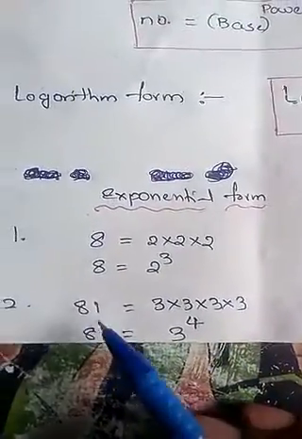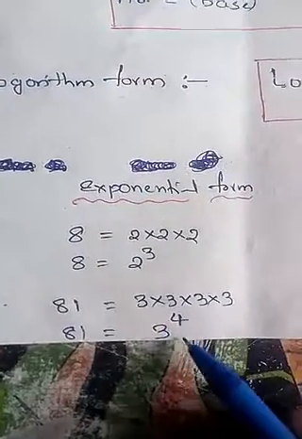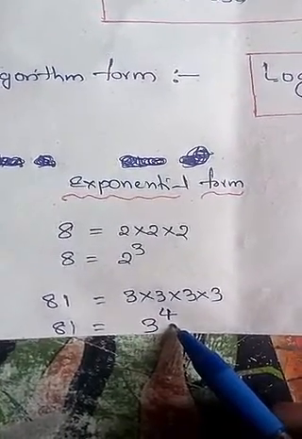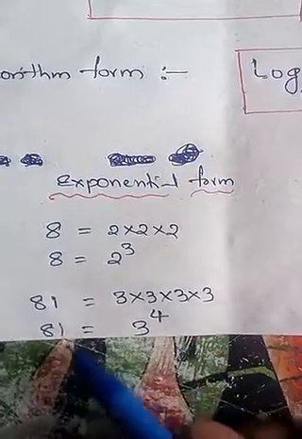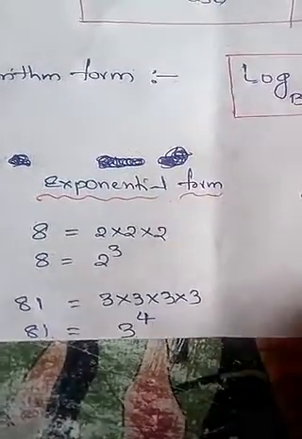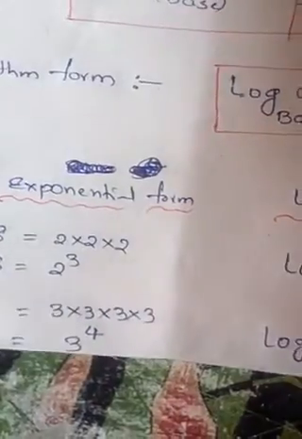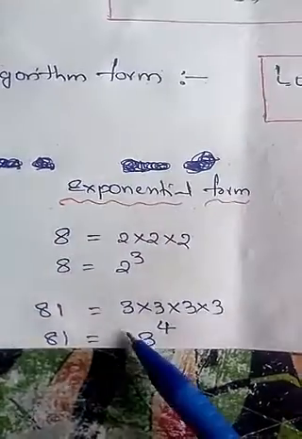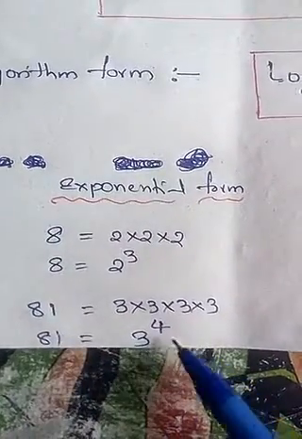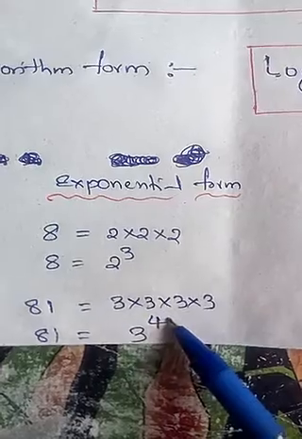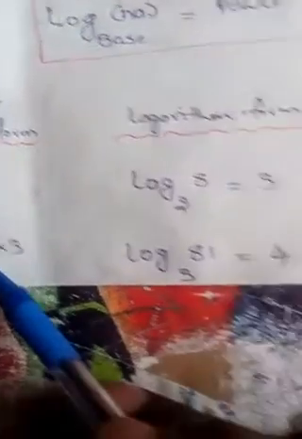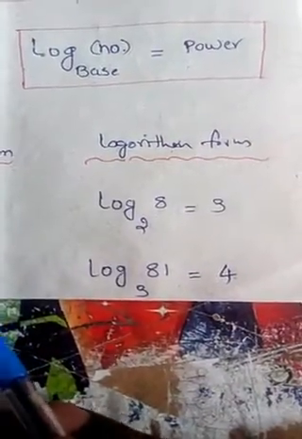One more example we take here. 81 equals 3 to the power of 4. This exponential form we try to write in logarithm form now. Here 81 is the number, 3 is the base and 4 is the power. In logarithm notation we keep the positions.